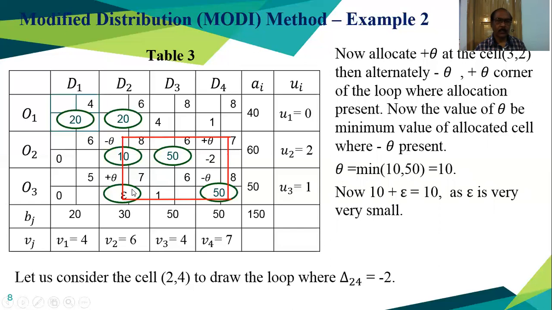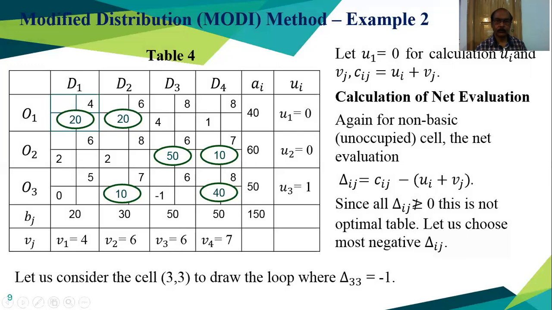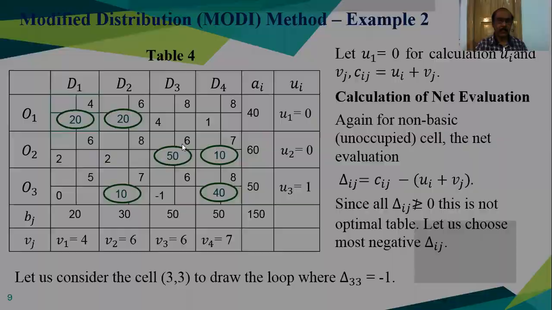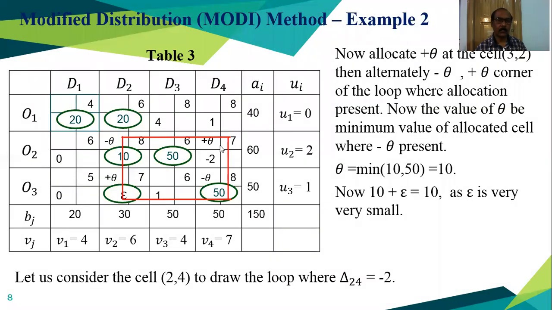See the next table. We can check the 40, 50, 10. This is the 60. No, that 50 is on the line. This is our cell, so that 10 will be here. So 50, 10, this will be 40, and this will be 10.